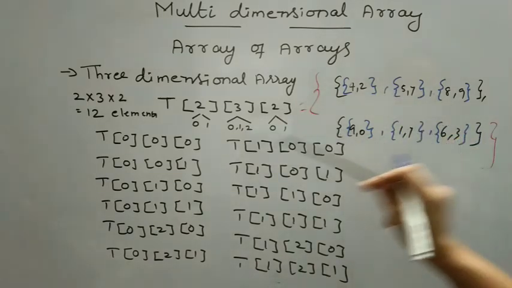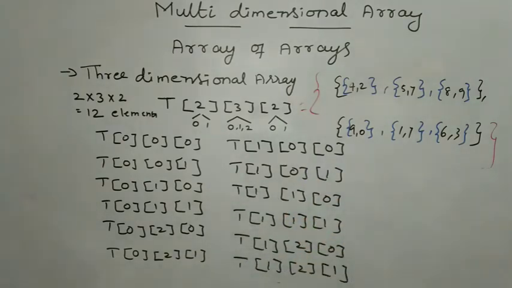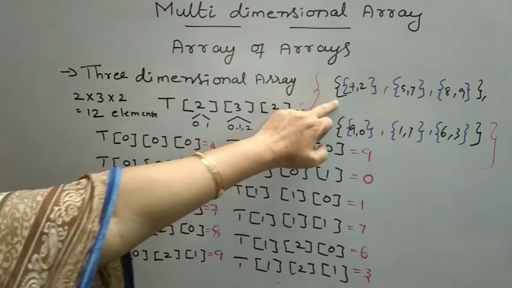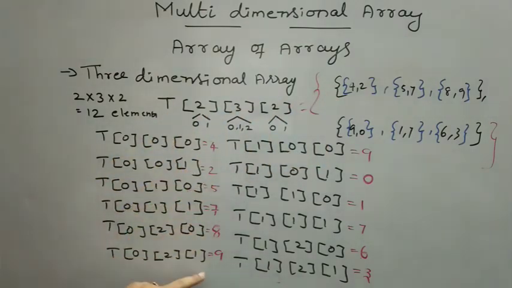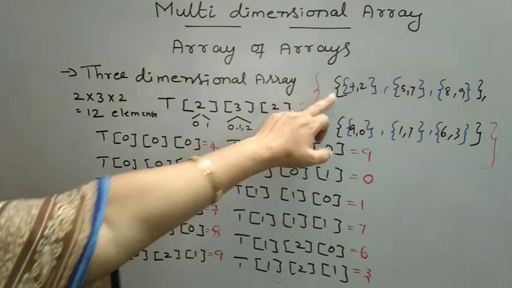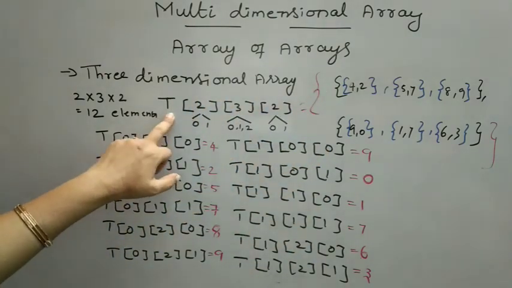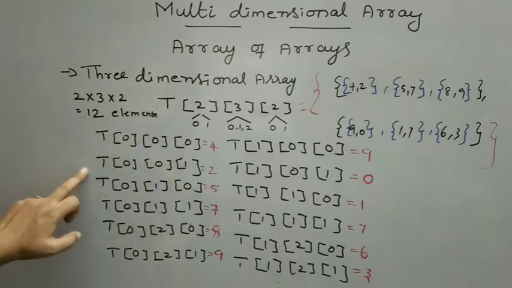These values are assigned to the individual elements. The values which are assigned for this 3-dimensional array T are organized for the individual elements in this order.